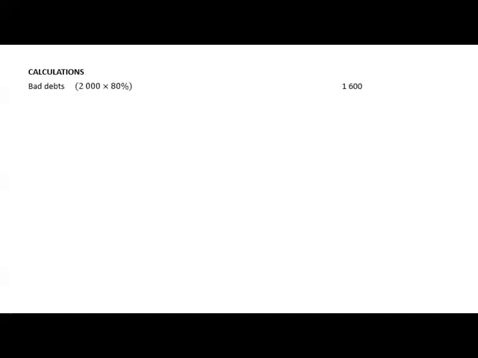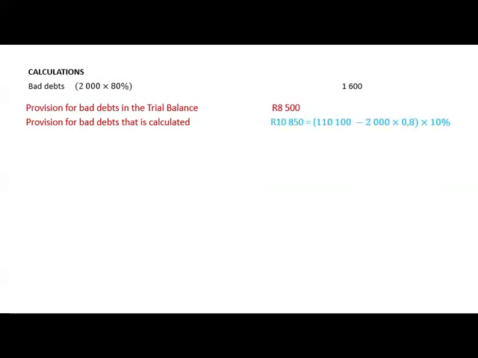To calculate the provision, the one in the trial balance is 8,500. The one that I need to calculate, what do I do? It's 110,100 minus 1,800. Is it 800 or 600? 600. And whatever is left, you will multiply it by 10%.